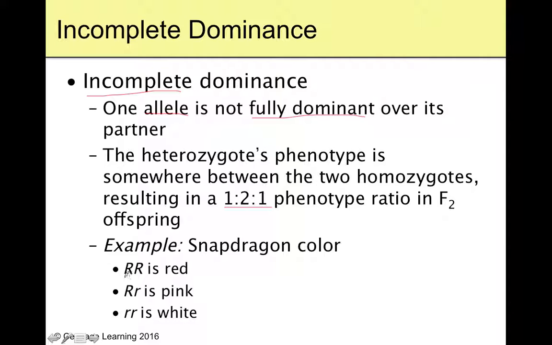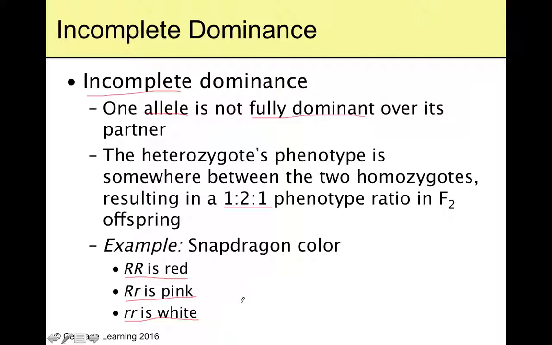In snapdragons, big R is red, little r is white, just like Mendel's peas. But big R, little r is pink. Simple dominance, if this had been peas, would be red is dominant over white, so it'd be red, white. But in snapdragons, there's incomplete dominance, so you get red, pink, white.